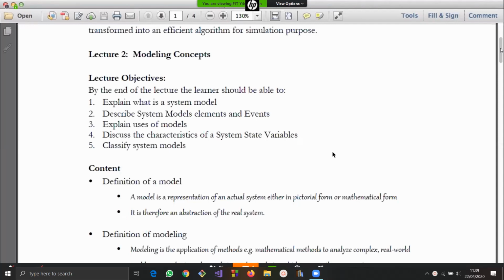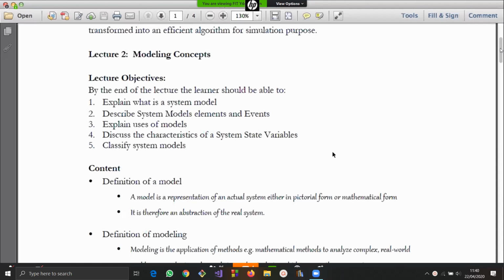So a flowchart is a pictorial representation of an actual system, whereby you are saying in a flowchart, you know, there is what we call the input section, and then there is what we call the processing section, and then there's the output section, meaning that all those components of an algorithm which is in the form of a flowchart can be changed and be presented in a manner that you can group them.